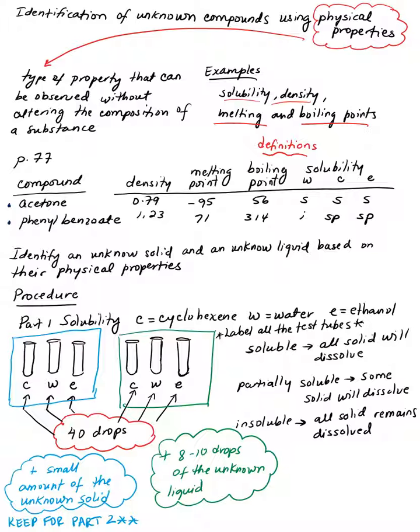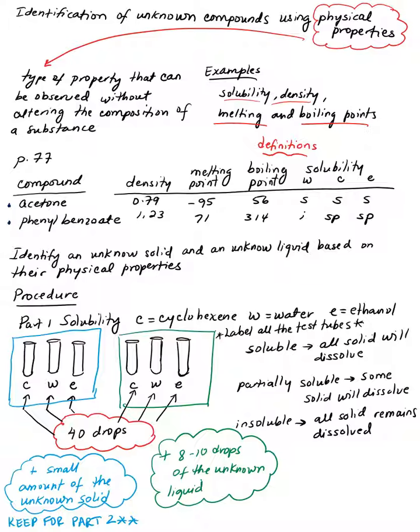For acetone to be a solid, it has to be at negative 95 degrees. Anything that is higher than negative 95 will convert your acetone to an actual liquid. So 20 is a temperature that is higher than negative 95, and what that means is that at 20, your acetone is going to be a liquid. So you can actually find out the physical state of your substances by looking at your melting points.